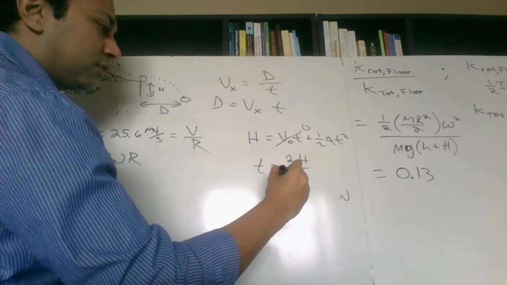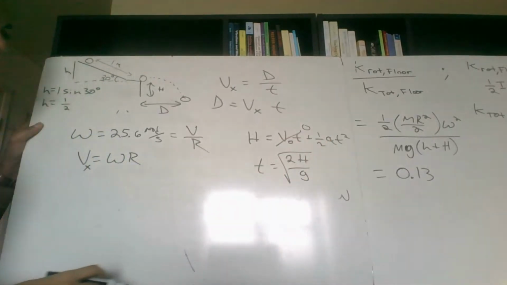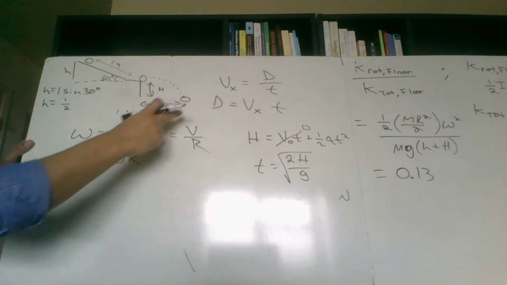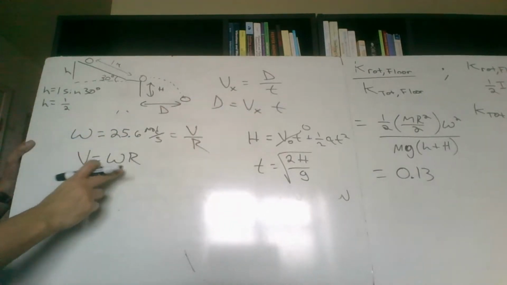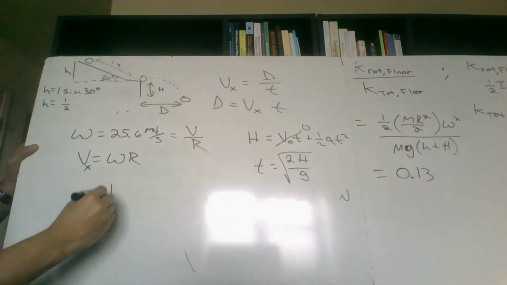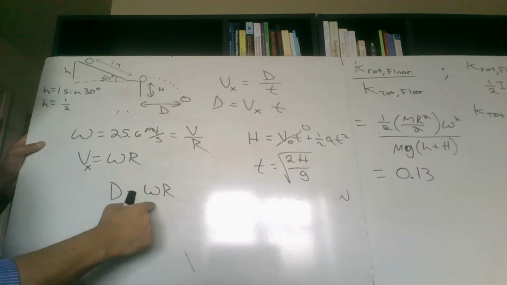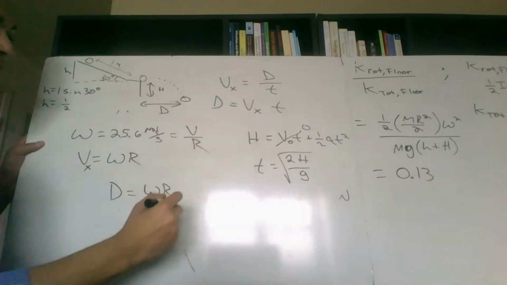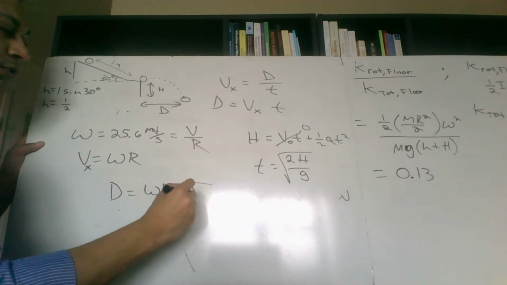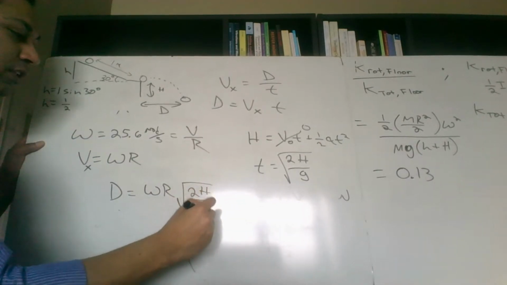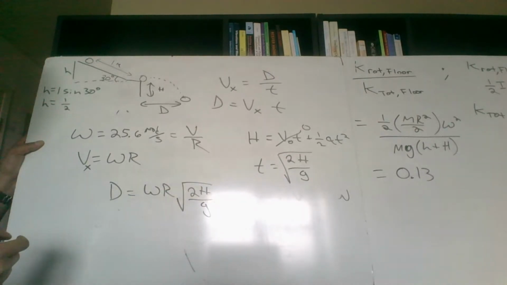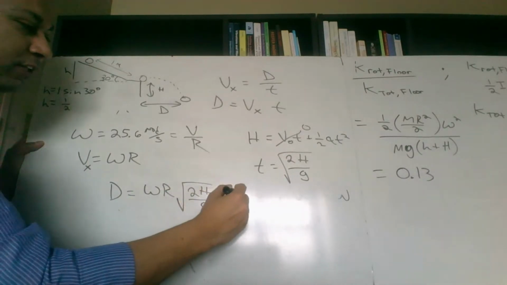So that's our time. And finally, we can plug both of these into our distance equation. So distance is going to equal omega times r, that's the v term, multiplied by t, which is the square root of 2h divided by g. And there's your distance, and it'll equal 1 meter.